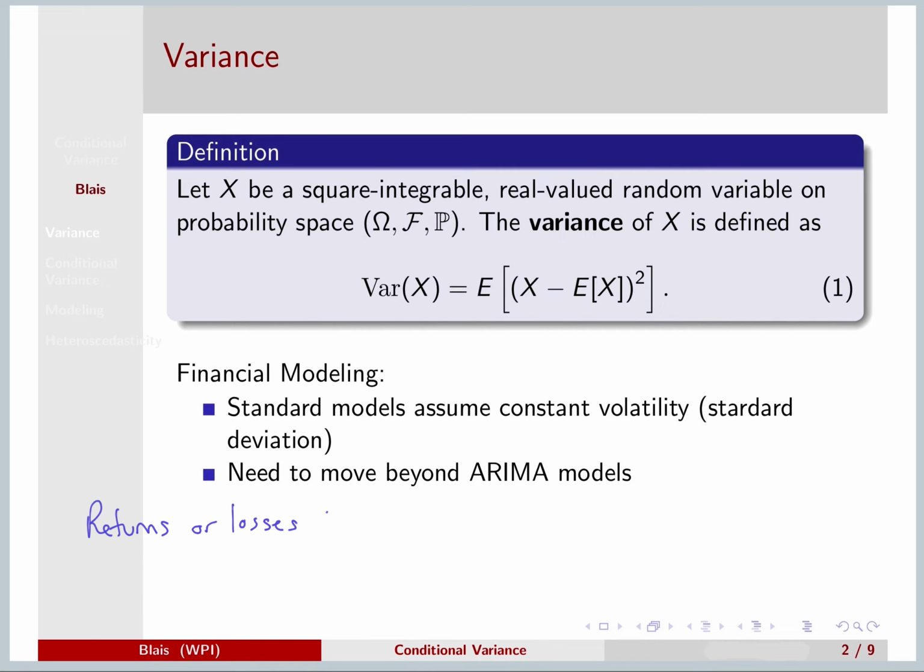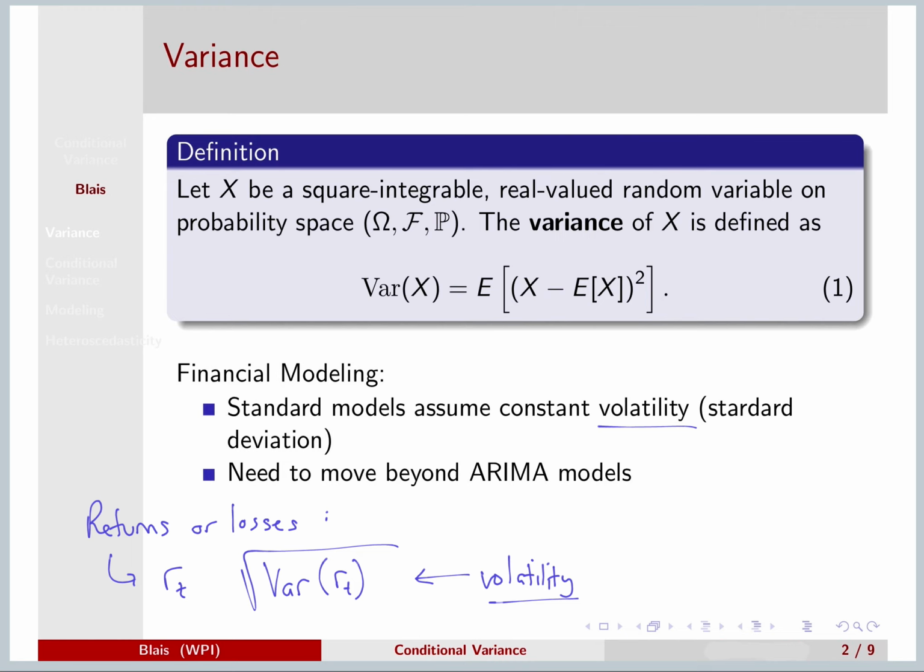So suppose we were looking at returns or log returns as a process, then the variance of those returns, if we take the square root to get a standard deviation, this is what we would call the volatility.